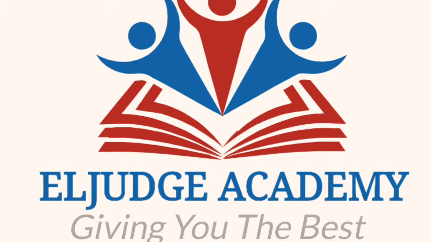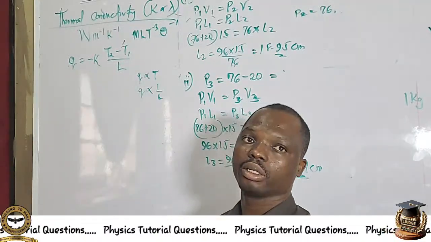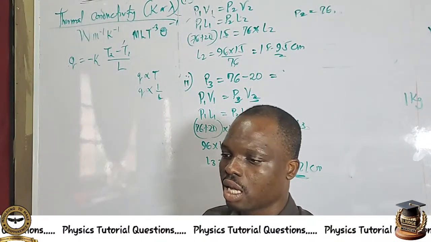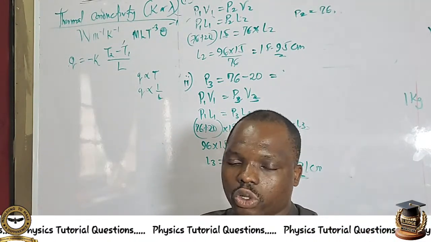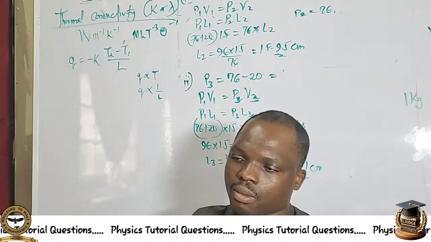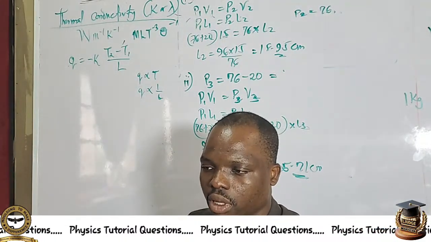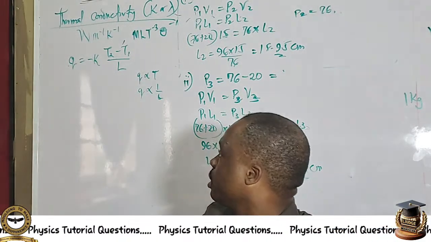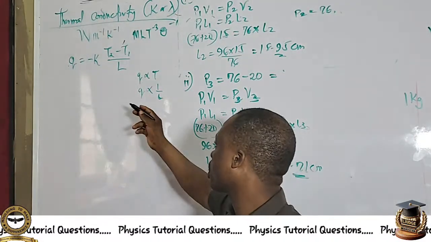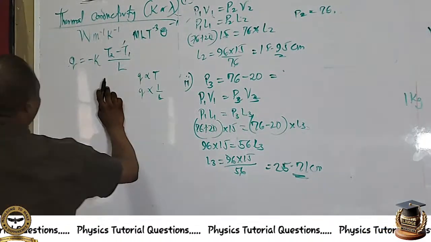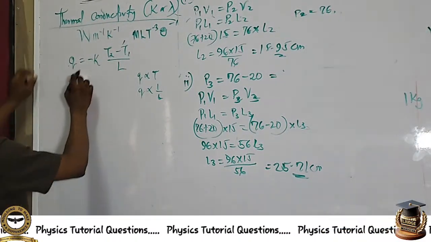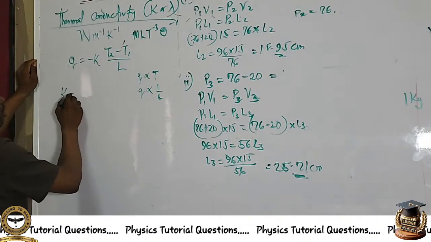Every substance has its own capacity for conducting and transferring heat. We can explain this formula if we make K the subject.